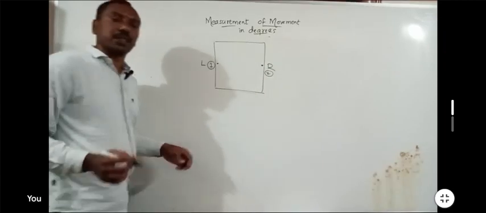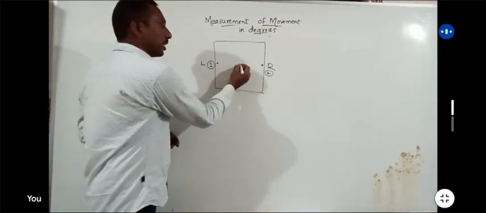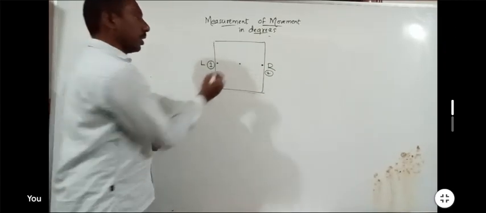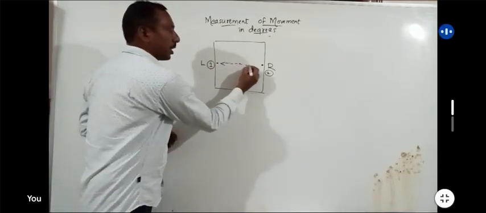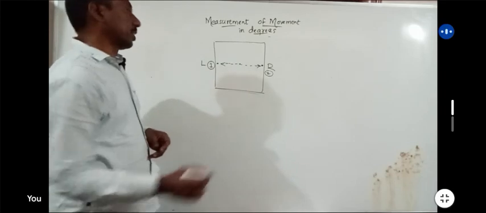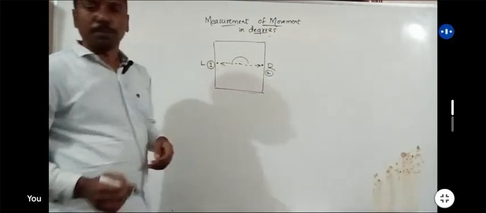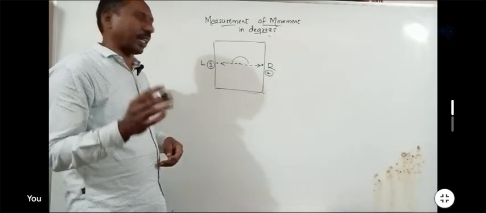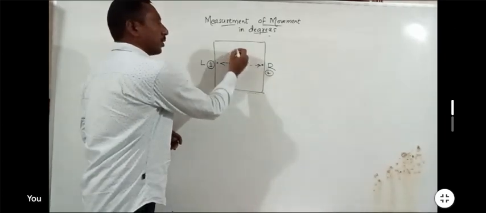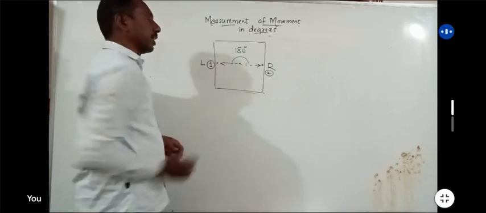Let us consider this the second position. Mark the center of the square. Draw an imaginary line to left. Draw another imaginary line to right. What would be the measurement between these two lines? Exactly, it forms a straight line. Your guess is correct. It is 180 degrees.